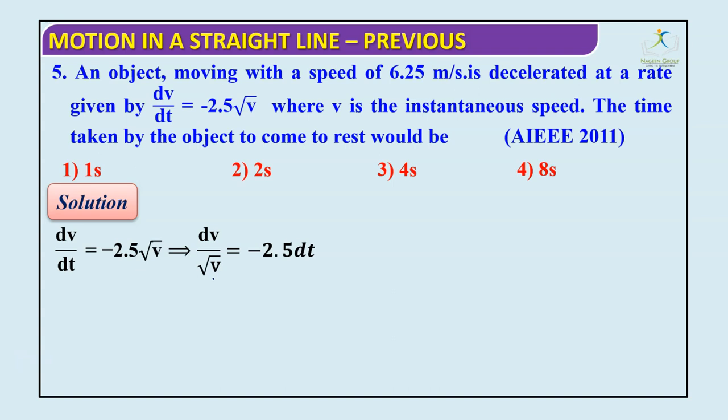dv by dt is equal to minus 2.5 under root v, which gives dv by under root v equal to minus 2.5 dt. After integrating from 6.25 to 0, we get this value, minus 2.5 integral from 0 to t of dt.